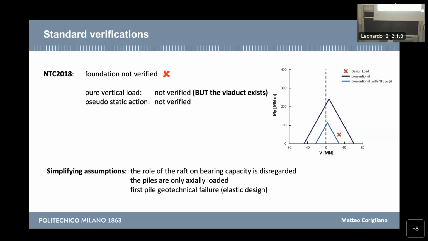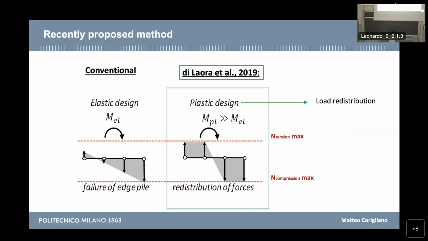And so the further step is to introduce a more sophisticated approach. Recently, a researcher from Naples introduced a more sophisticated approach, which is capable of considering the distribution of forces on piles.